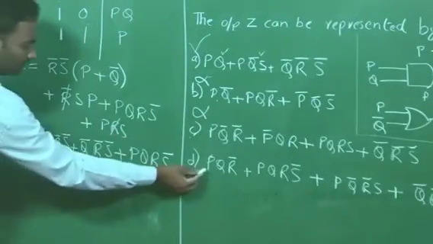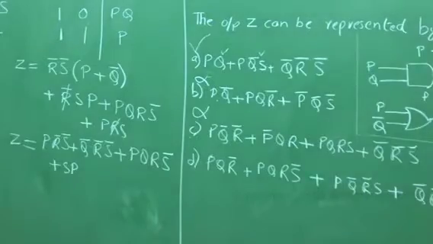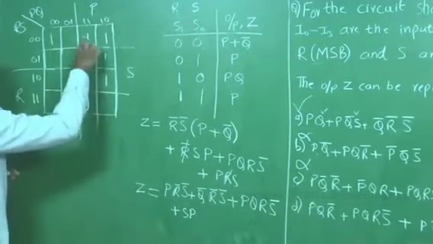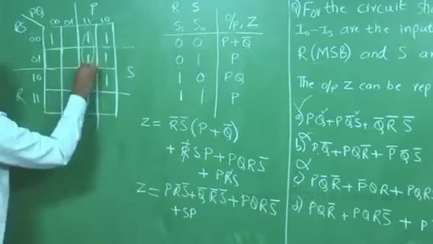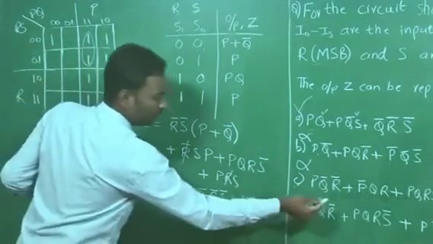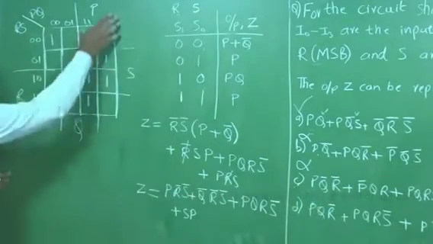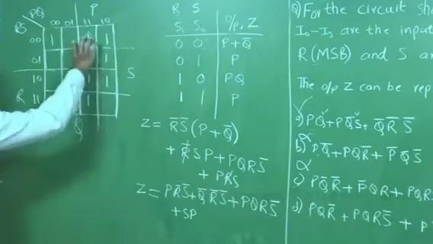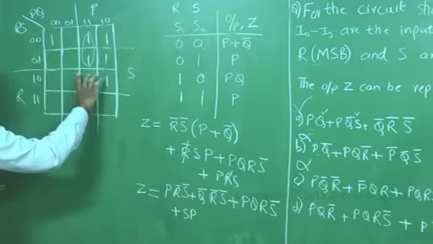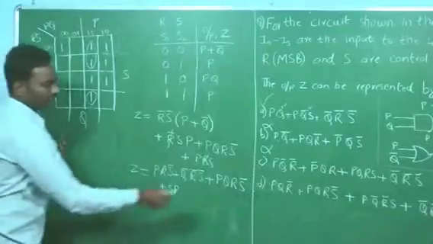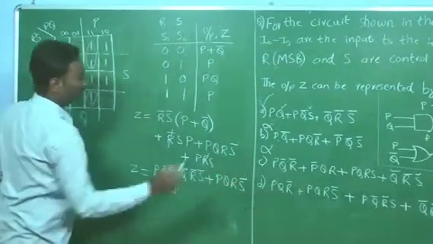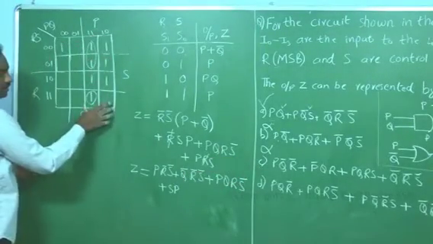In option D, we have the first term P Q R bar. This is the P region with Q, these 4 terms, and R bar, these 2 terms. These 2 minterms are covered. The next term is P Q R S bar. This is the P region, Q is these 4 cells, R is this, and S bar represents this cell. So this minterm is covered. The next one is P Q bar R bar S. This is the P region.